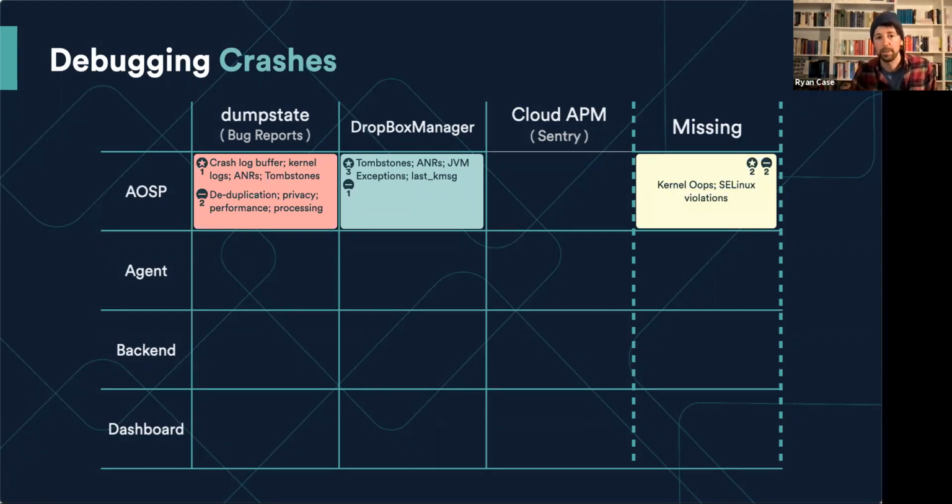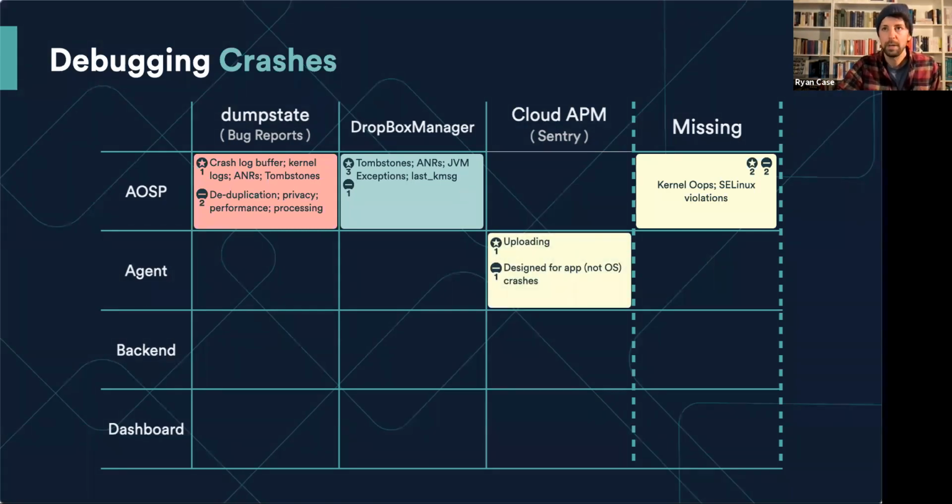But what's missing is that the Dropbox Manager does not broadcast kernel oopses, which are very important. It also doesn't broadcast SELinux violations, so those are something you'd have to pull out of auditd logs. So there are some gaps that we're going to have to fill in here.